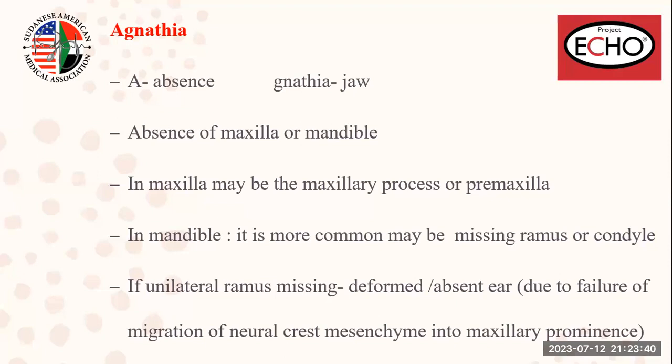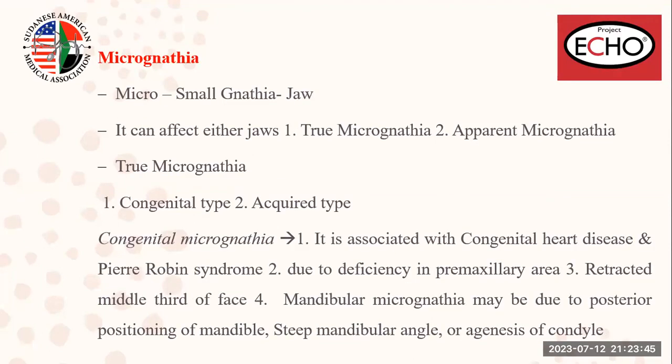Okay, the second definition here is micrognathia. So micrognathia means small jaw. It again can affect either jaw. It can be true micrognathia, so the bone is really smaller than usual, or apparent or relative micrognathia, in which it seems to the examining doctor that the jaw is smaller, but it's not actually smaller.